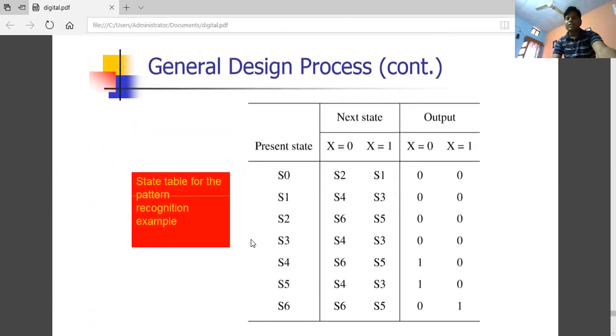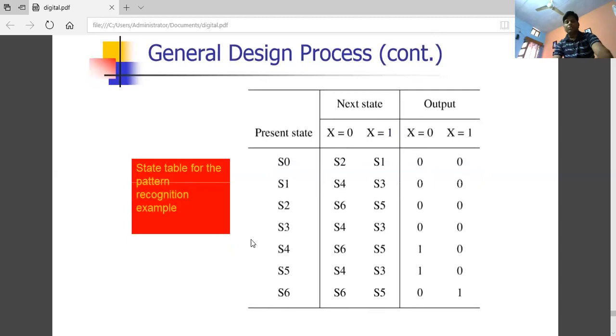The general design procedure means that we have to draw a state table. In the state table, the present state is S0. When x equals 0 it goes to S2, and when x equals 1 it goes to S1, and the corresponding output is given.